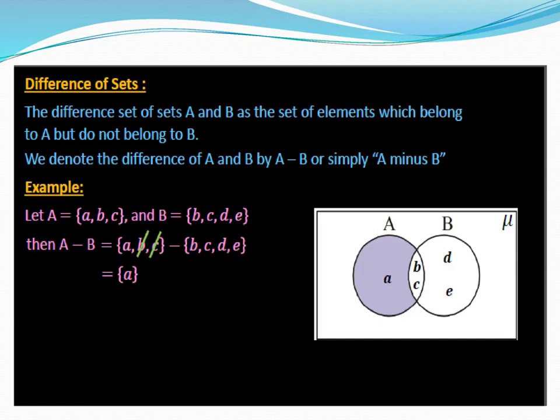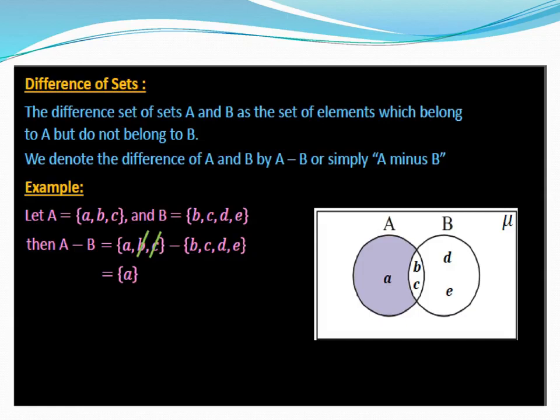The element a is present only in A, not in B, so we can write it. Next, b is also present in set B, so we remove it. Next, c is also present in set B, so it is also removed. Then we write only the element a. Okay.